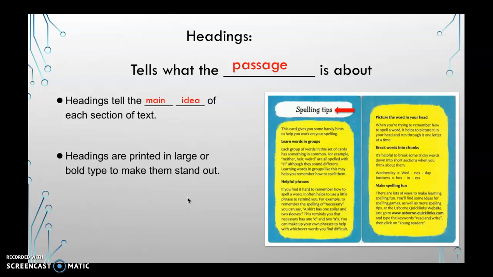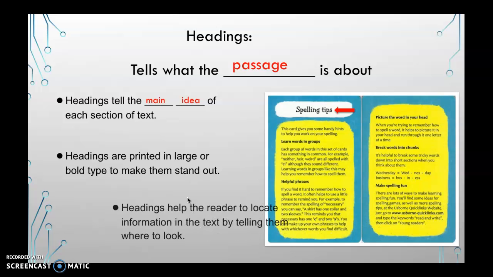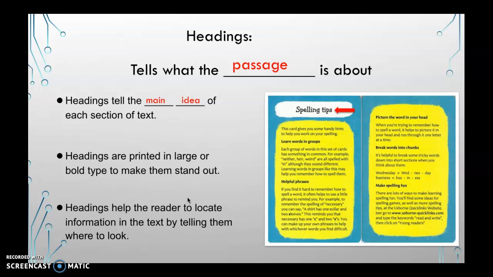So your heading is always at the top of each section. And headings help the reader locate information in the text by telling you where to look. These are the type of information that you would find in your table of contents.